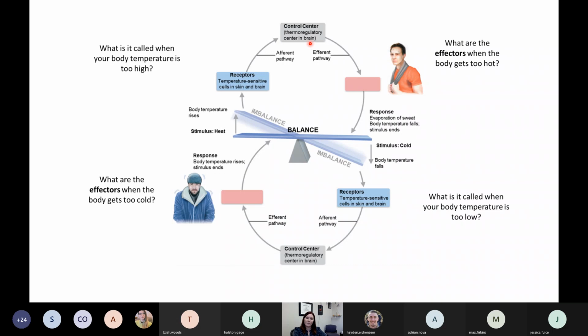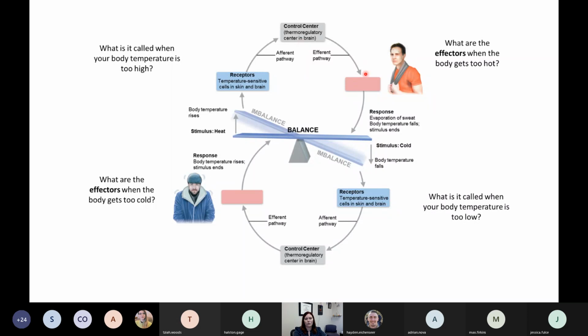So we have a part in the brain that its one job in life is to control your temperature. It's called the thermoregulatory center. The thermoregulatory center gets the information from the receptors. The receptors said, we are too hot. The control center says, okay, I can fix this.